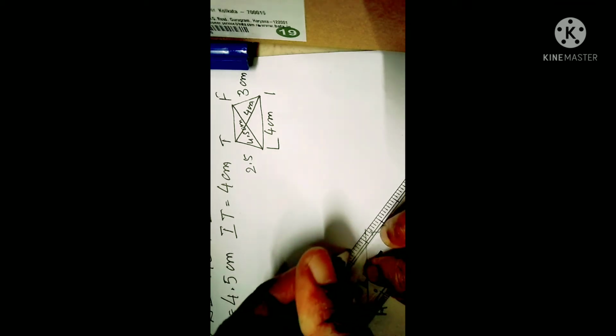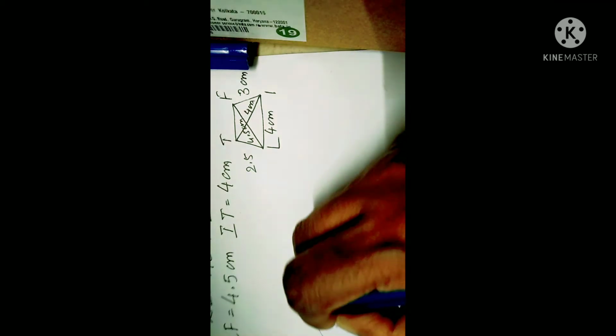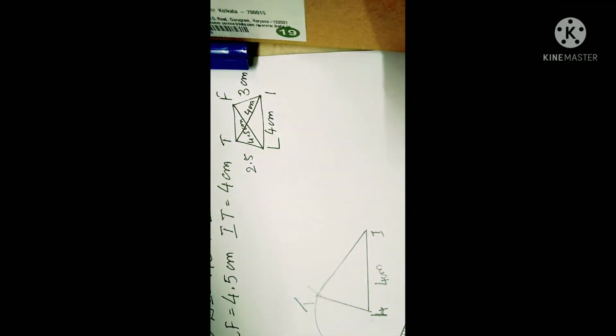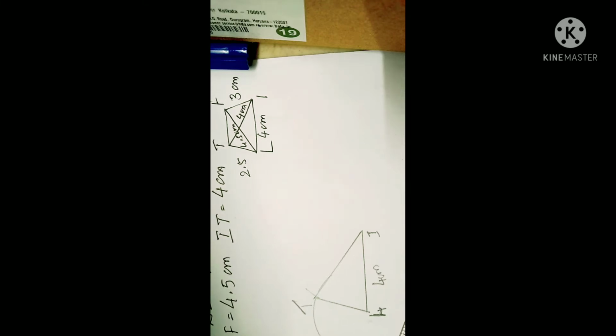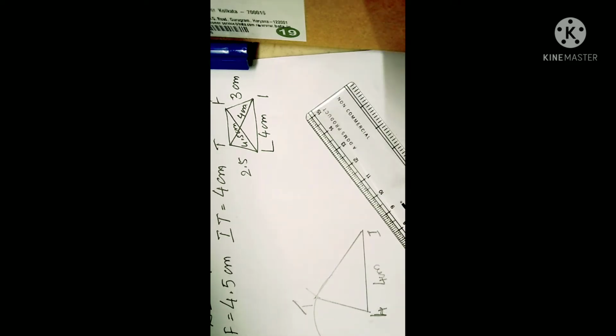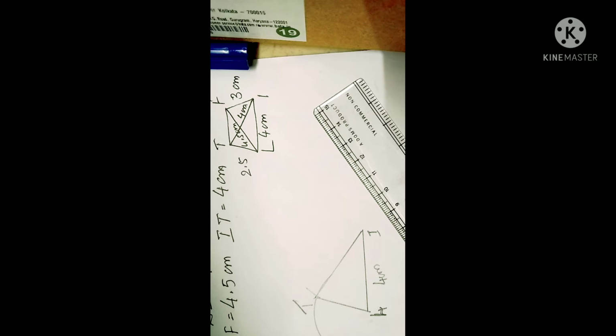You need to take care of the points, right? Now, what we have to do? Which is that point which we got now? T. Okay, so we got TLI. Now, we need to find the point F, and we know that point F is 4.5 centimeter from L. So, take 4.5 centimeter on the compass, and from L it is 4.5.